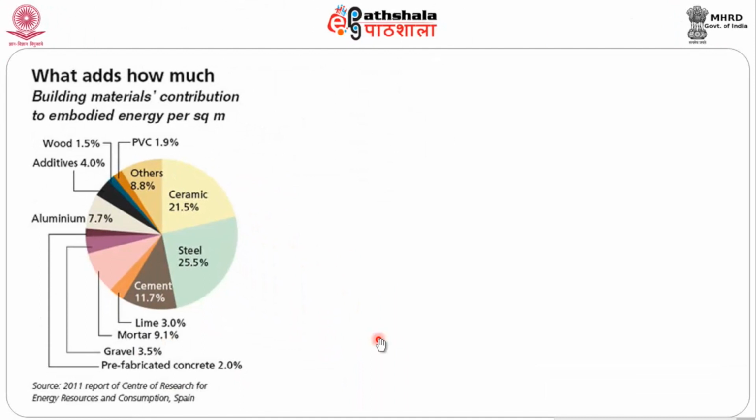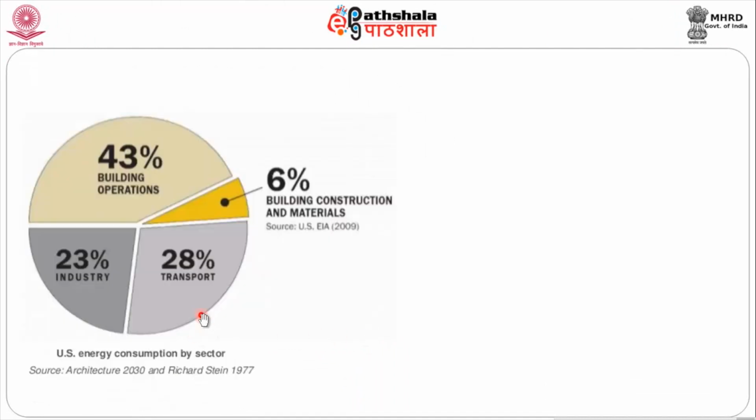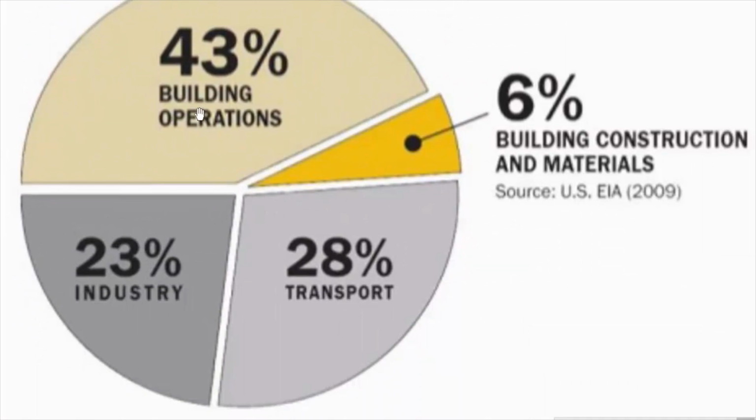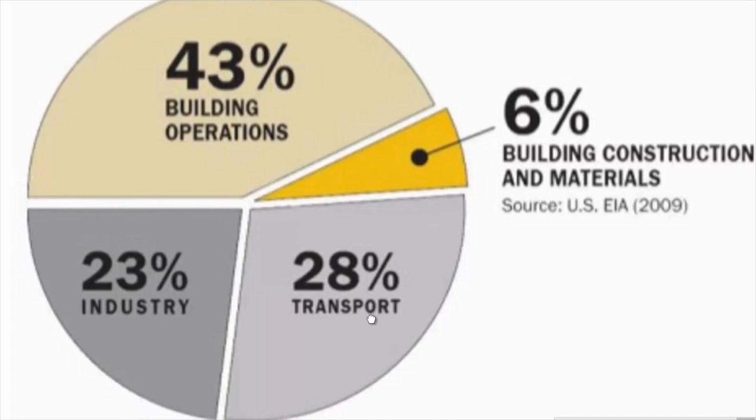Thus, we understand the usage of various building materials and their inputs in terms of embodied energy. In a short nutshell, we will look at US energy consumption by sector. In the US, 43% goes into building operation and 6% goes into building construction and materials, 23% goes to industries and 28% goes to transportation.